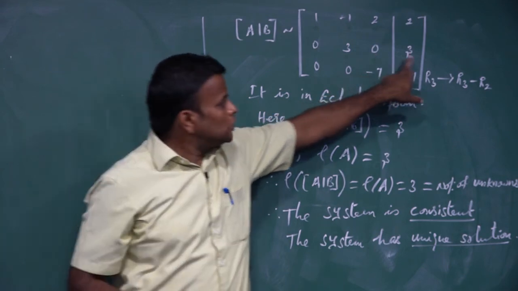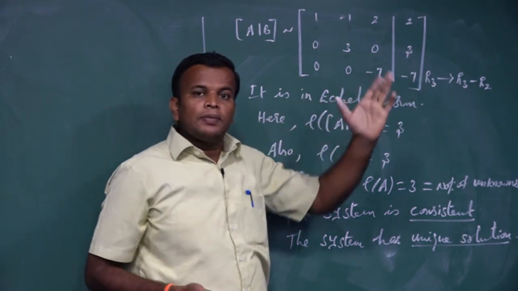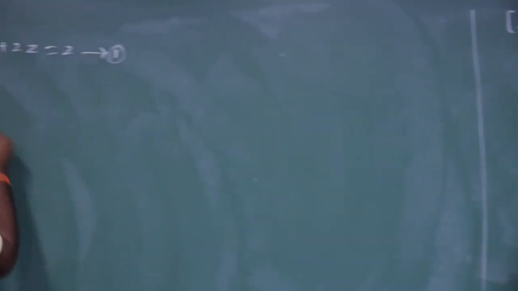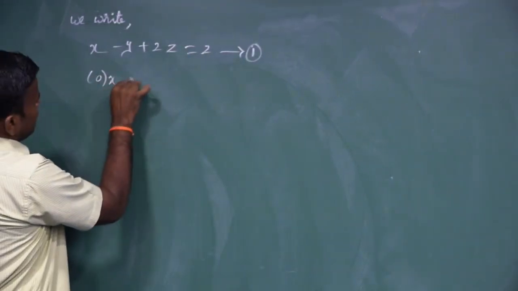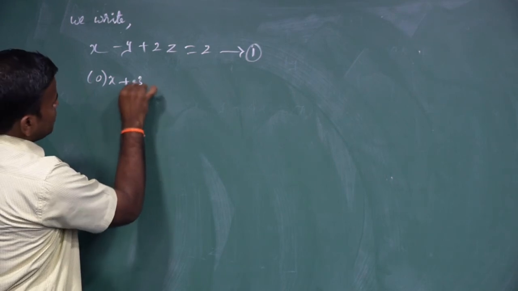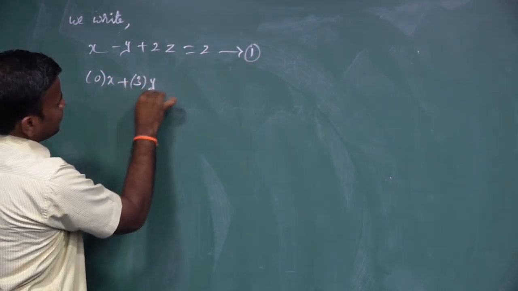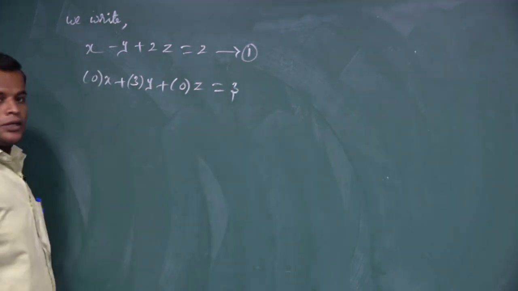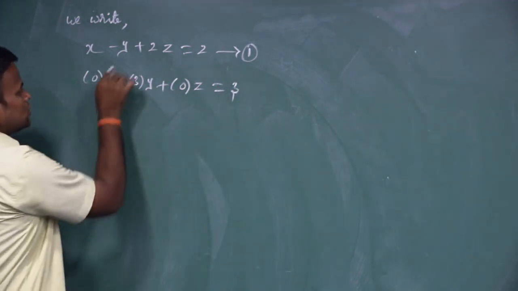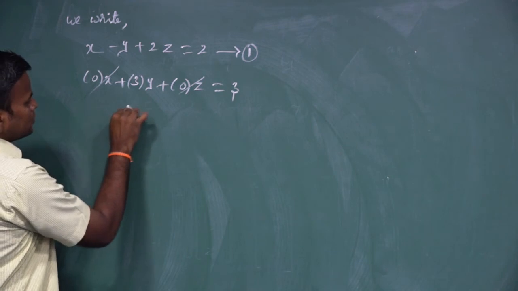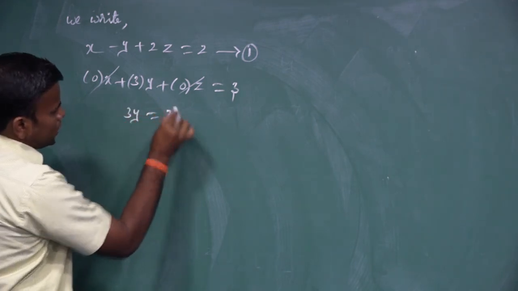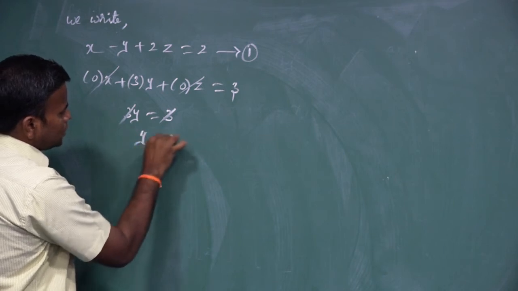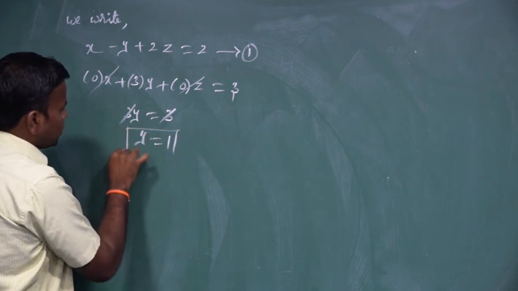So how to frame the second equation? 0 into X plus 3 into Y plus 0 into Z is equal to 3. Written elaborately, these cancel. So 3Y is equal to 3. We directly find the value of Y is equal to 1.